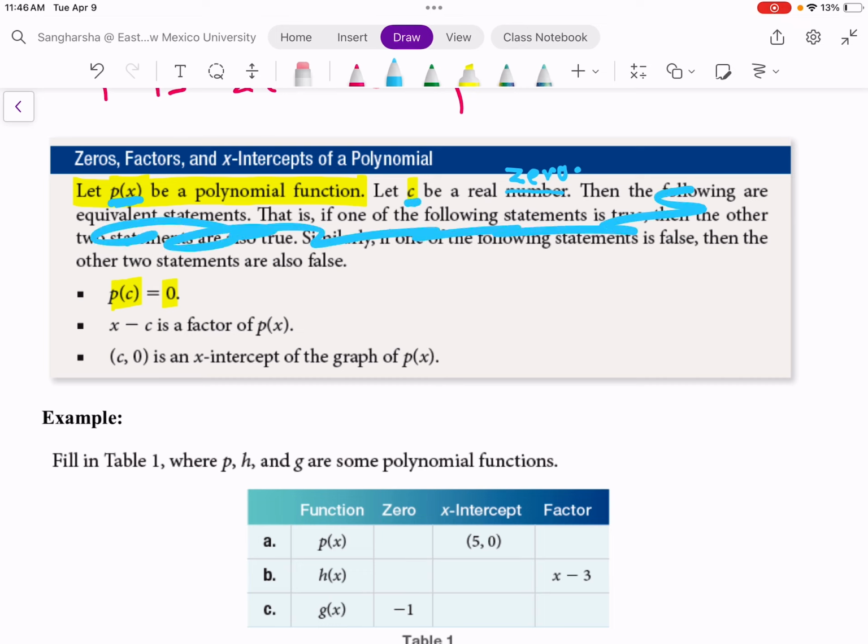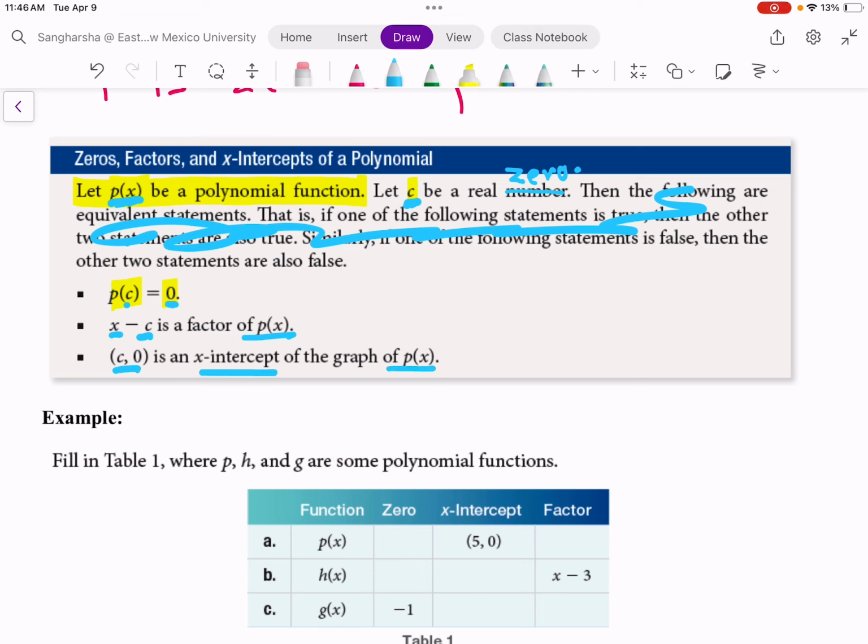If this is the case, now if you substitute c for every x in your polynomial, you get the output 0, or you get the remainder equal to 0. Similarly, x minus this number is a factor of the function, and c, 0 is the x-intercept of the graph of p of x.